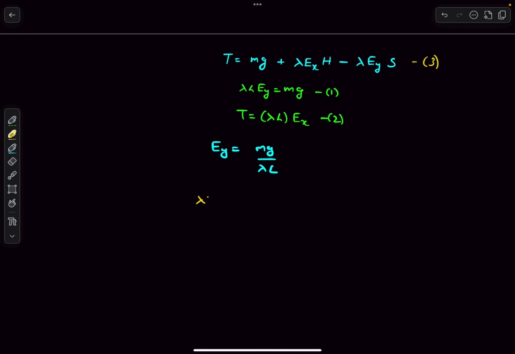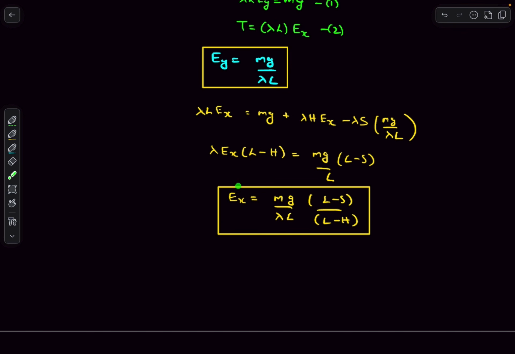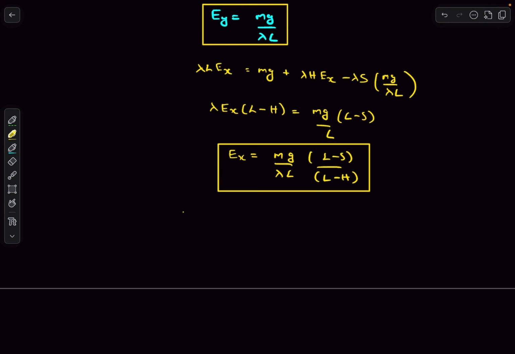T is equal to lambda L multiplied by Ex, and this is equal to mg plus lambda H Ex minus lambda S times Ey, which is equal to mg divided by lambda L. So from here we can solve for Ex. After solving for a bit, we get this value for Ex and this value for Ey. Now the resultant electric field magnitude will be the resultant due to Ex and Ey, which will be equal to this particular value. So this is the answer to this question.